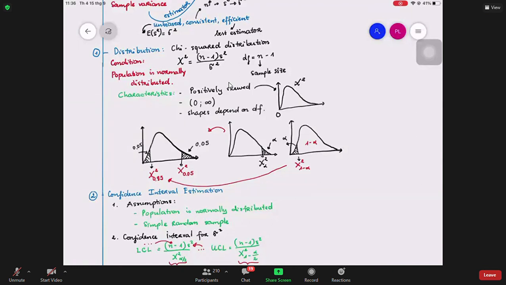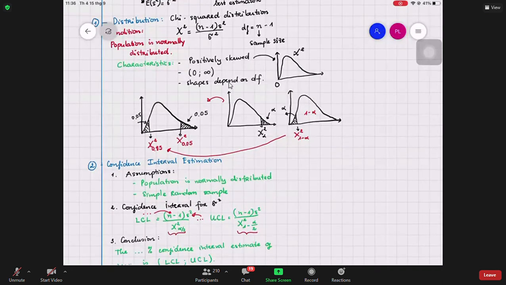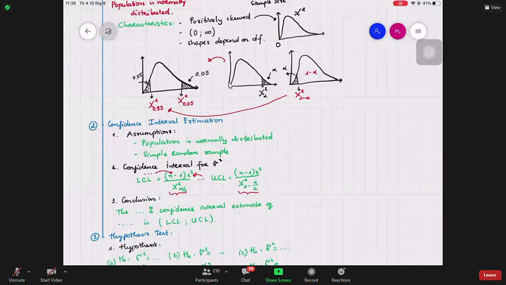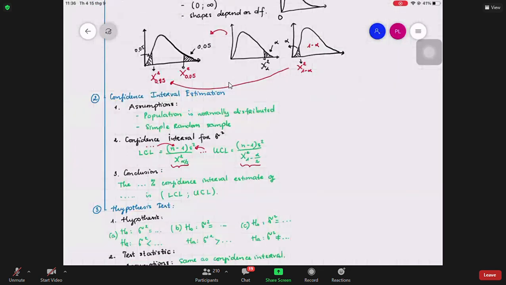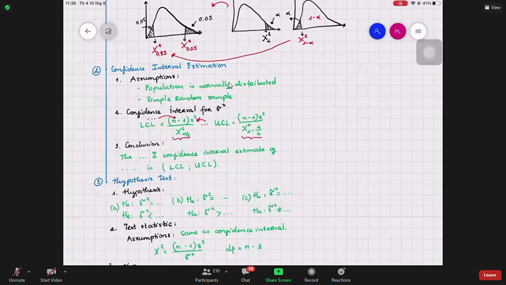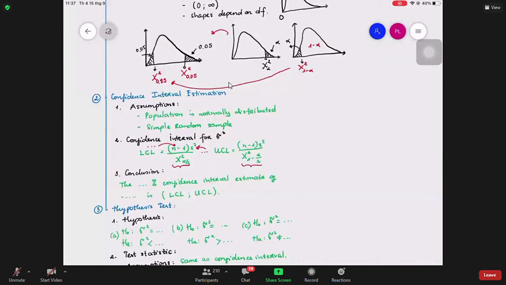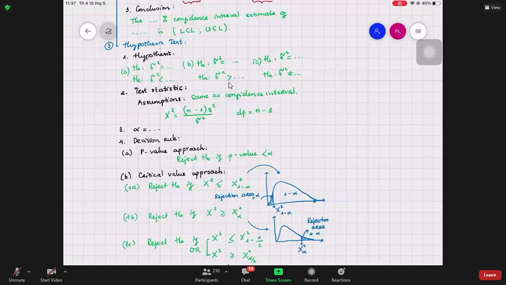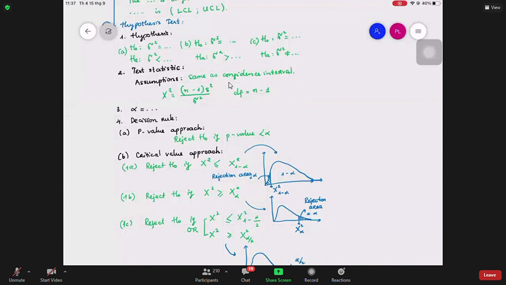There are some characteristics of the chi-square distribution here and how we note the values here. As for the inferences of the population variance, we can either have the confidence interval estimates. We follow the steps of checking the assumption, finding the confidence interval, and making the conclusions. We also have the hypothesis test here, in which we specify the hypothesis and the test statistic.